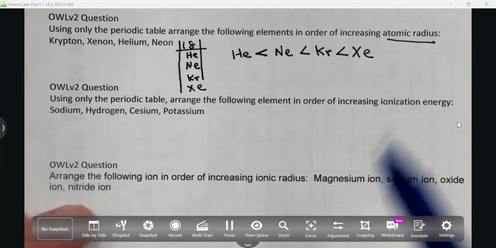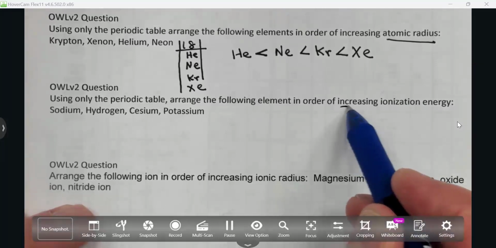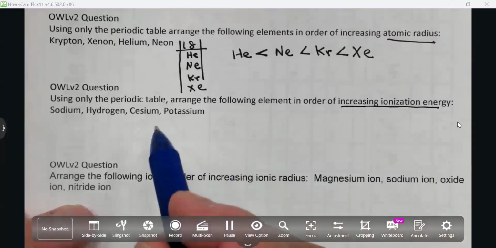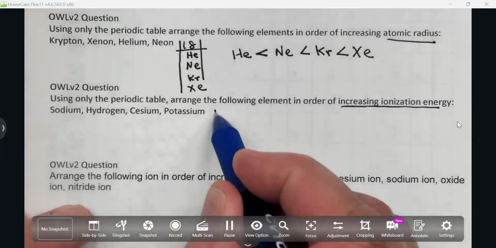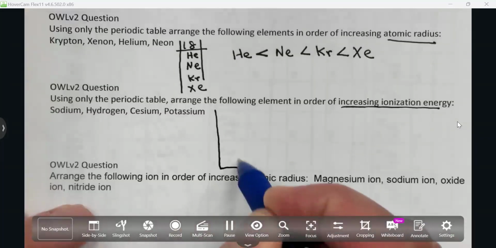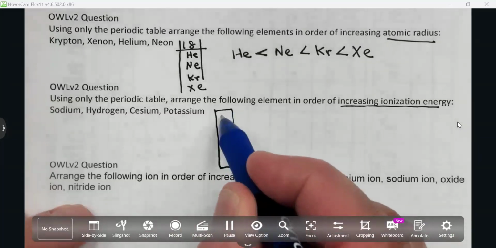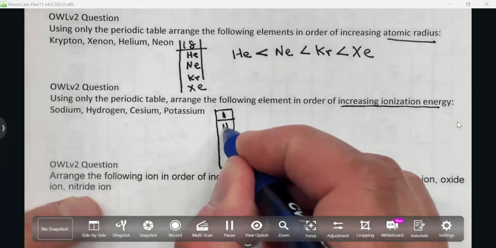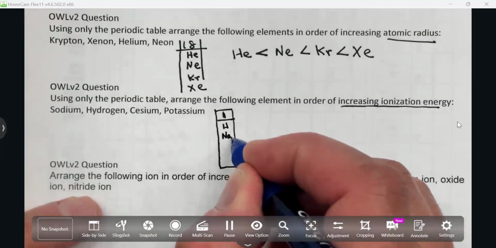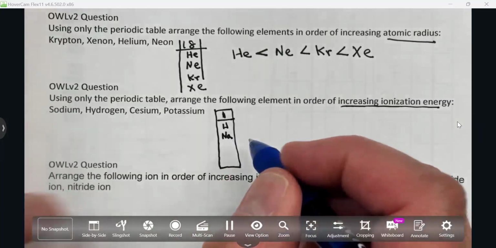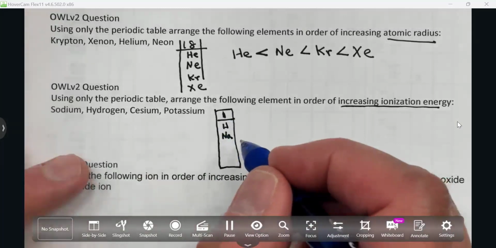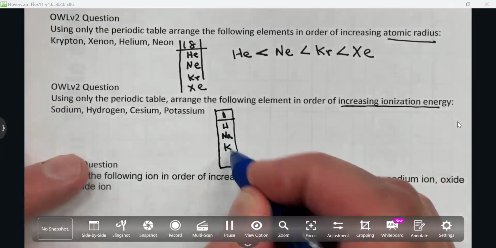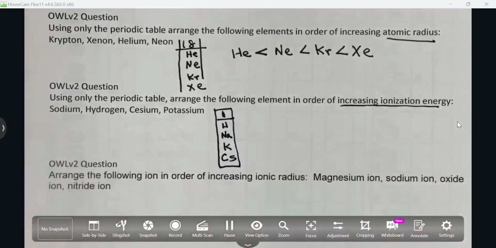Next one is ionization energy. Looks like it's group 1. Hydrogen, sodium, potassium, cesium.